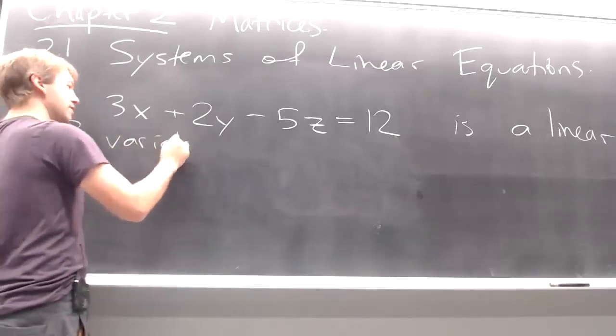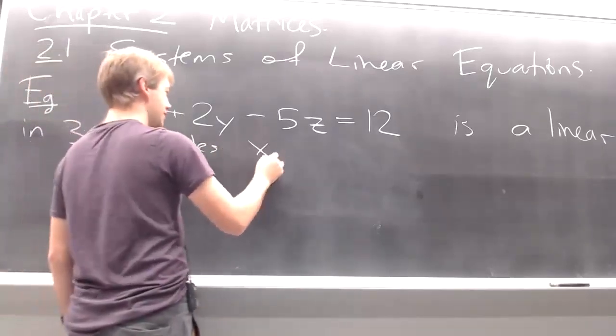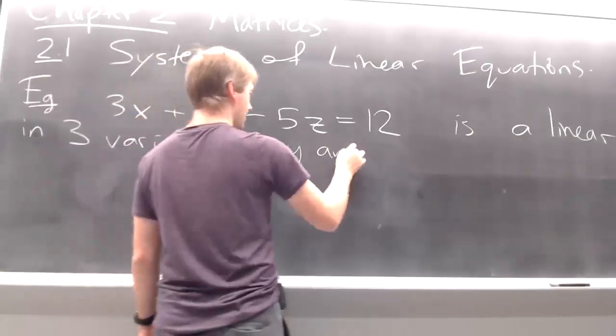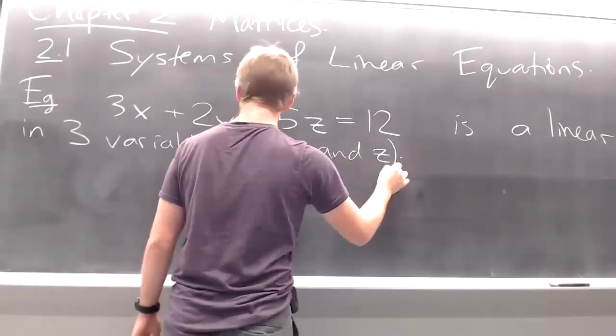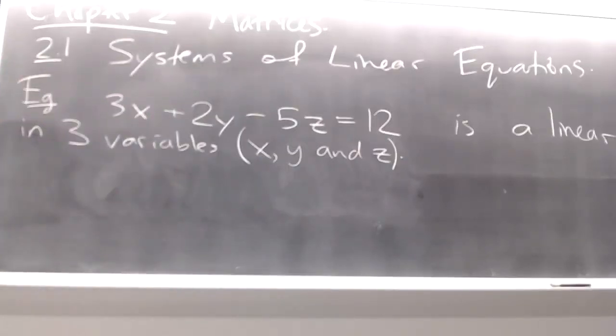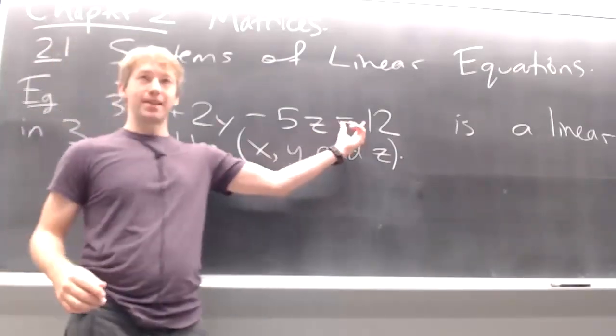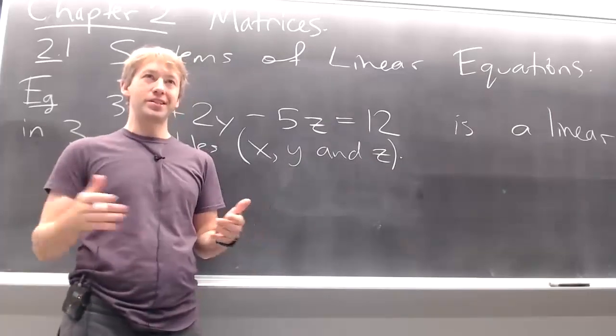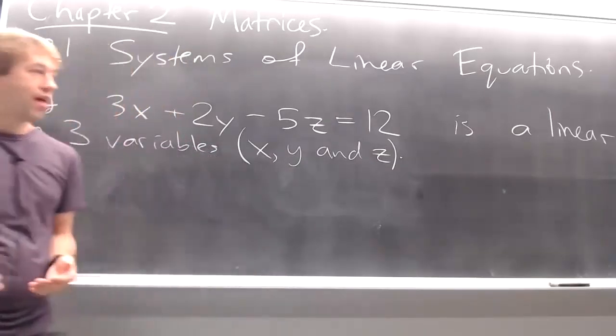So my variables are x, y, and z. So it's an equation because it has an equals, right? An equation should have an equal sign in it.